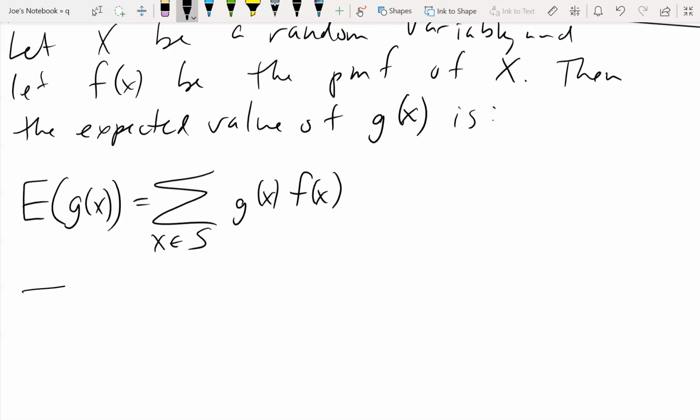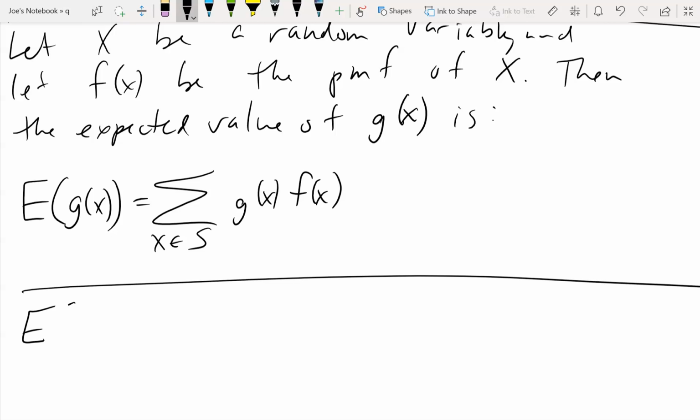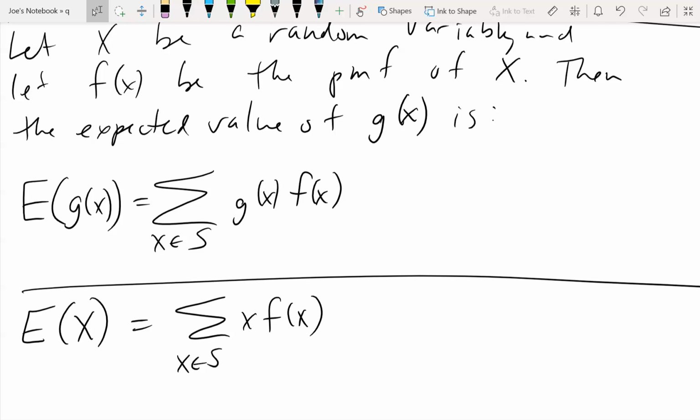When you do the expected value of x, this is the sum of x times f of x. This particular one is what we refer to as the mean of the distribution.